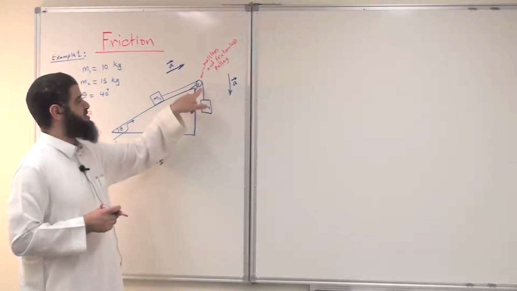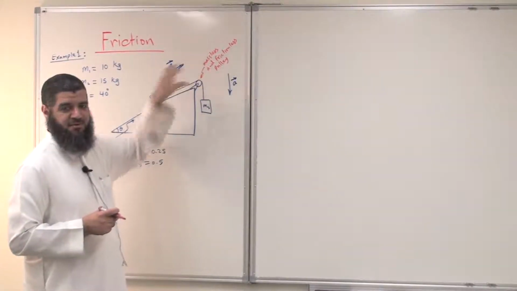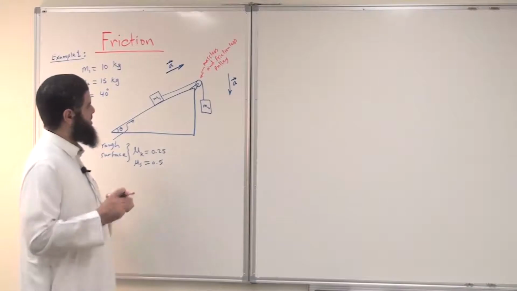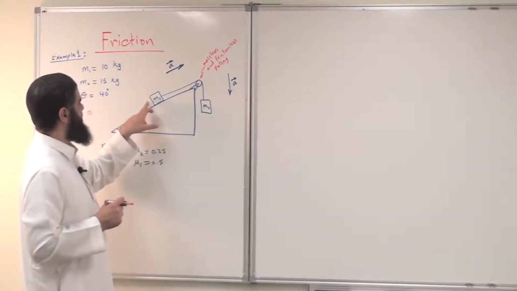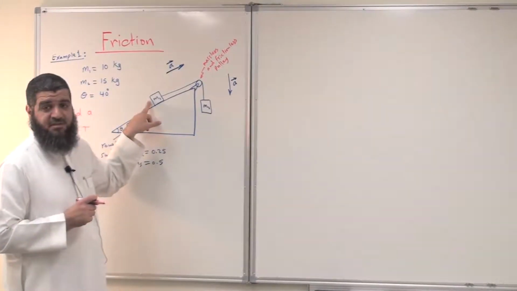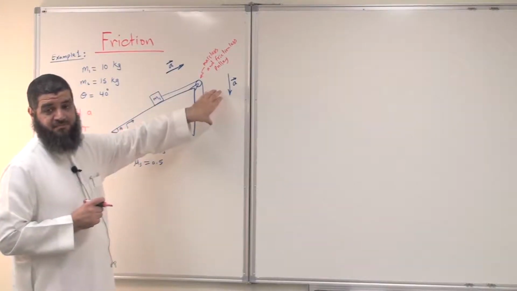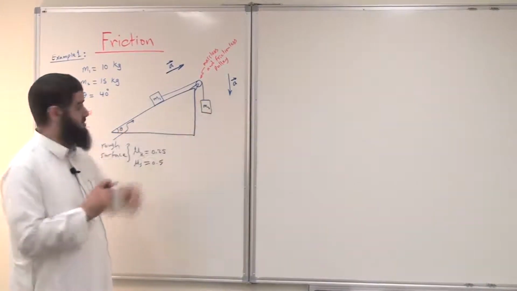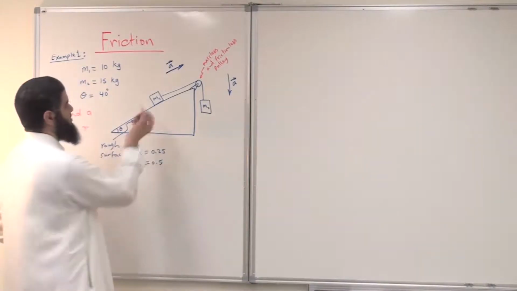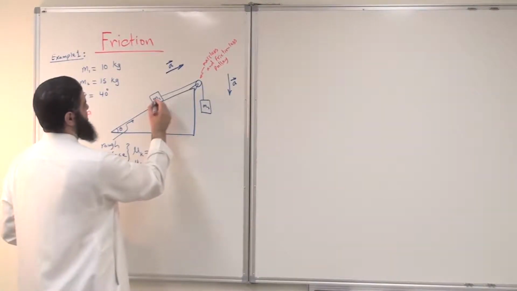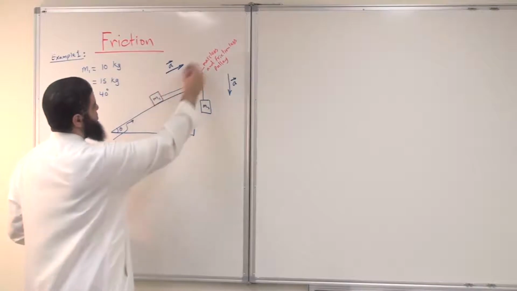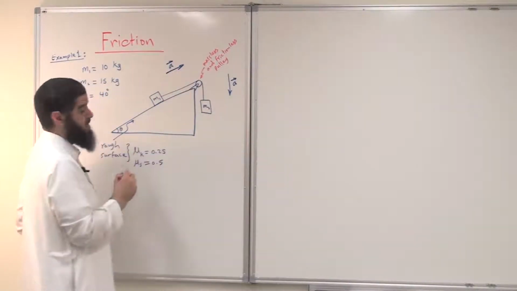The third object, the pulley, is massless, so we will not focus on it in this chapter. So I have to draw the forces along with the acceleration of each object. Let me start by drawing the forces acting on this object, keeping in mind that the motion and the acceleration are in this direction.